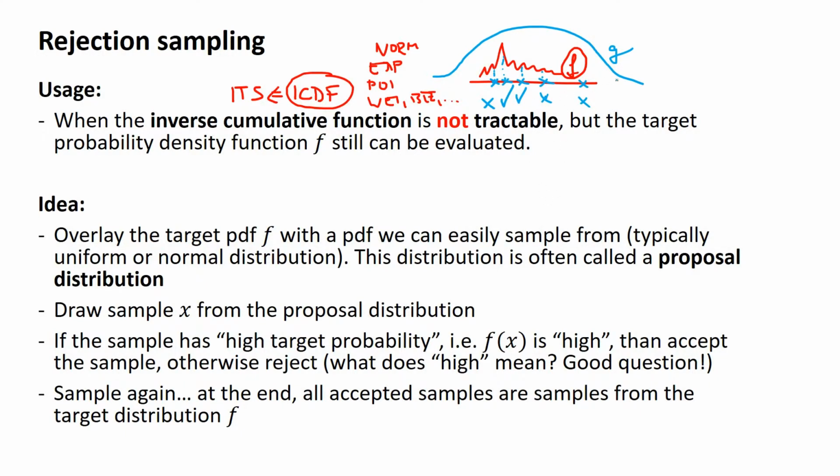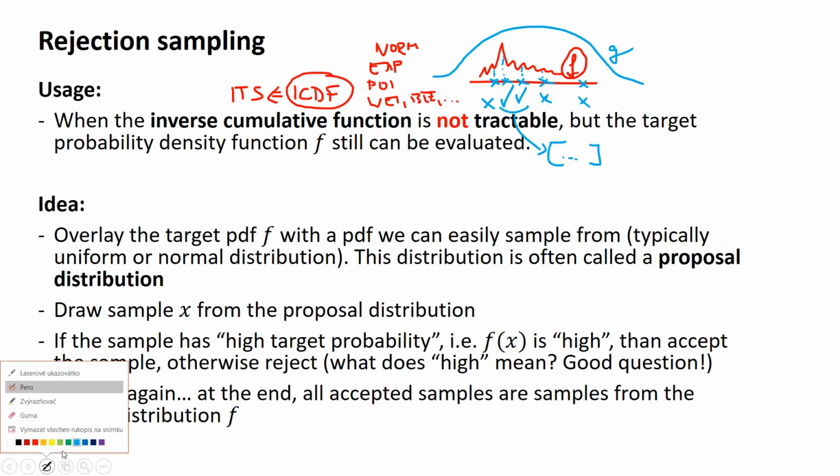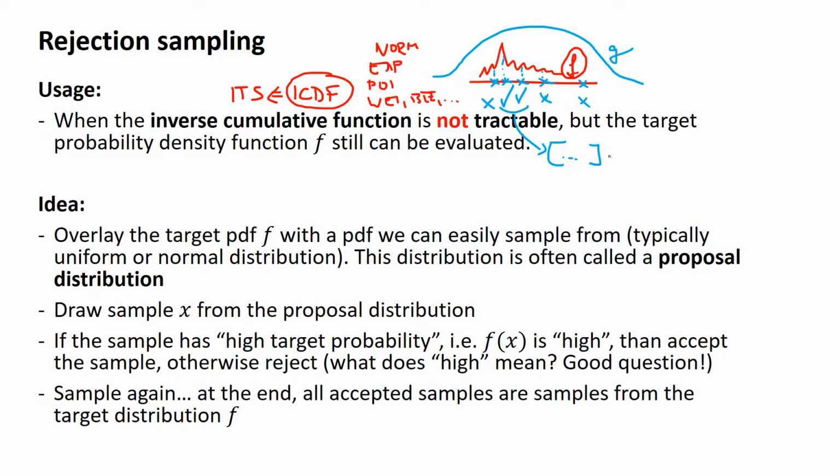So if we do this enough times, we will accept some samples, and we will have this list of accepted samples, and these will be distributed according to f. Okay, and that's the whole magic.